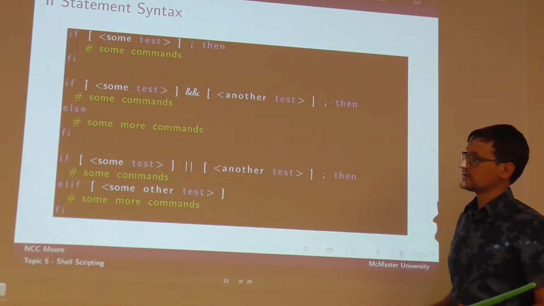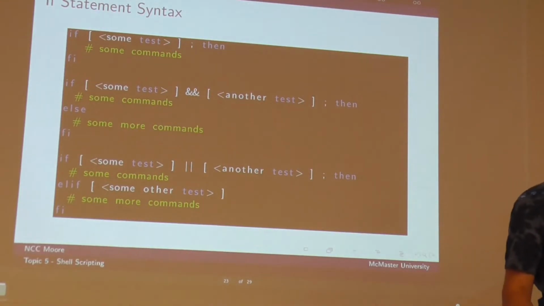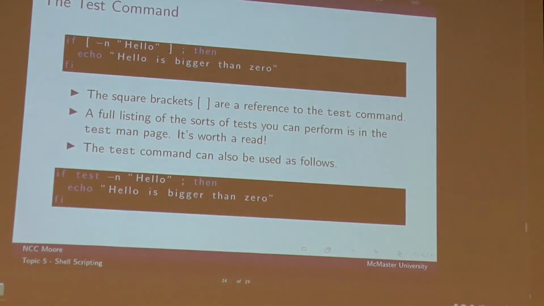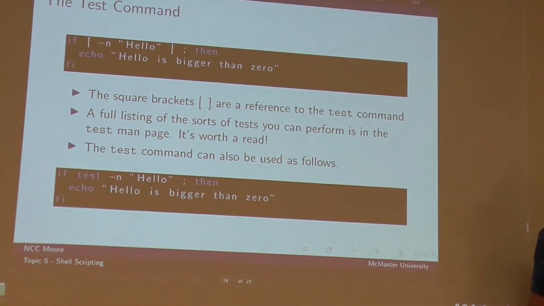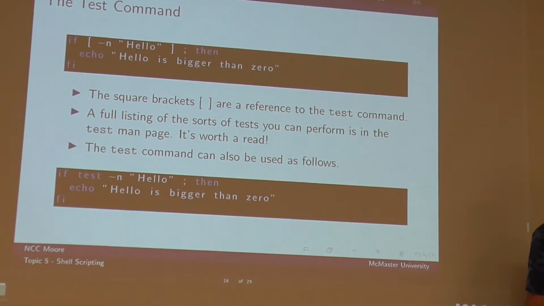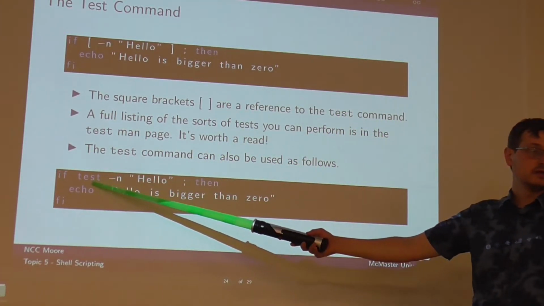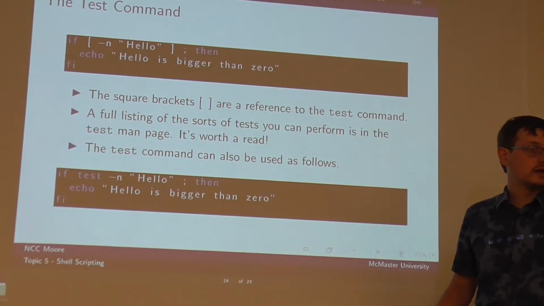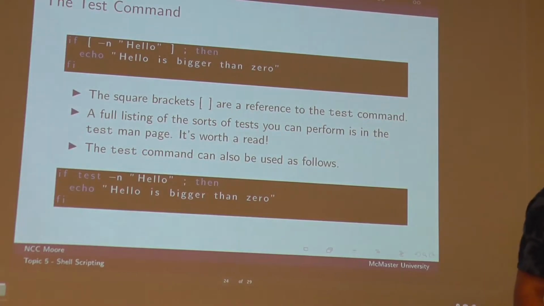So the trick, of course, is how do we write conditionals, right? In the same way that the expression command evaluates arithmetic expressions, the test command evaluates expressions which result in booleans, right?